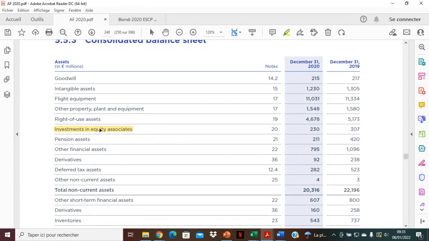Because if my equity investment includes a goodwill, this goodwill will be included in this book value. Okay, so any equity method goodwill or brand name or everything is included in the same line. It is not included in this goodwill here. This goodwill here shows only goodwills that are related to a full consolidation, only related to subsidiaries.